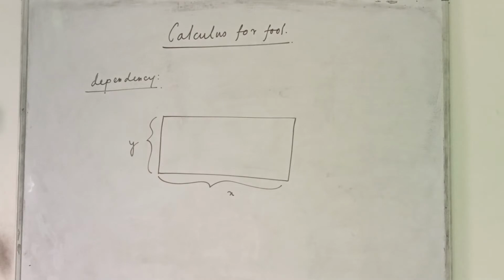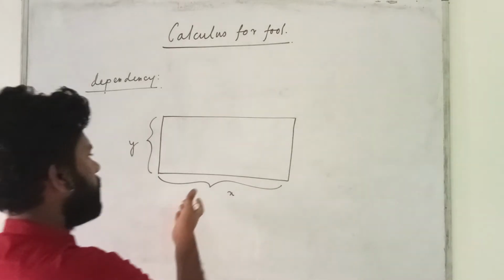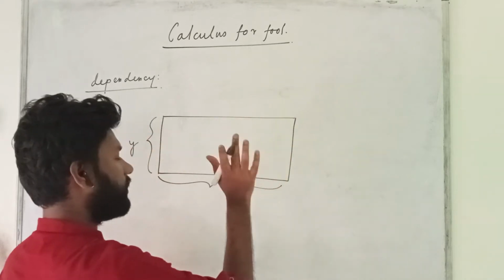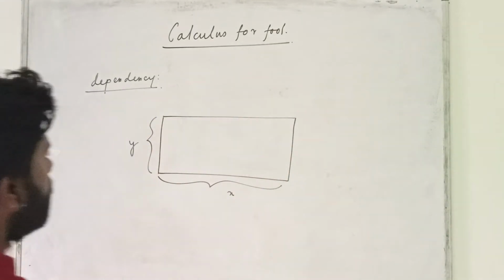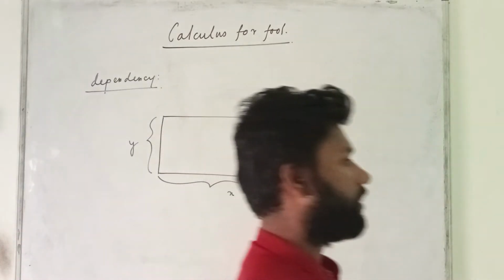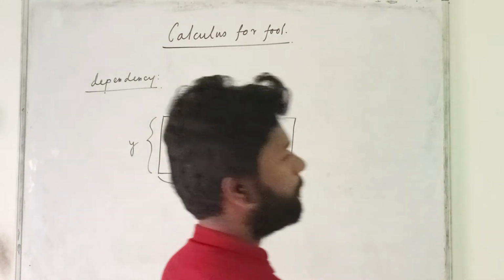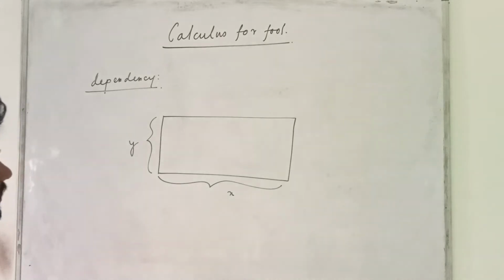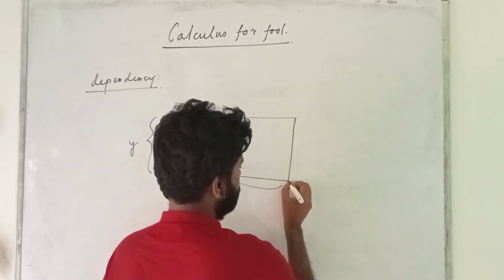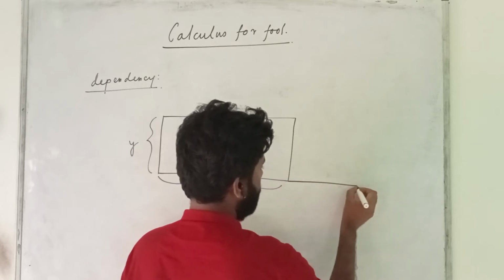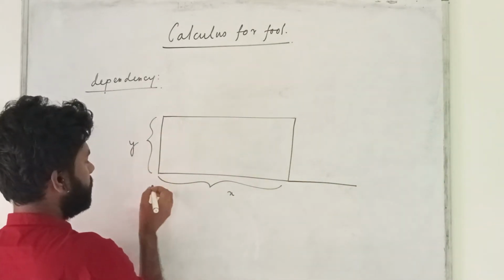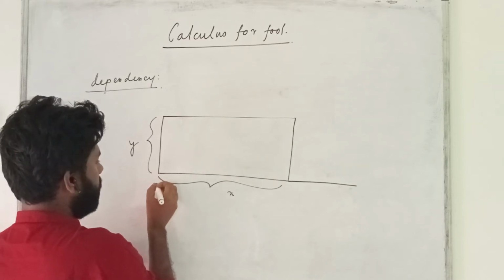I restrict this: you can change length or breadth, anything, but the area of this rectangle should be constant, fixed. So if you change the length by an amount, let's give the values of this thing.